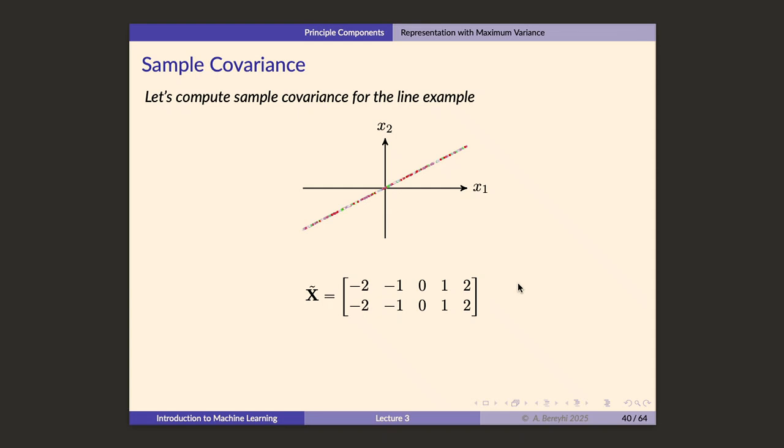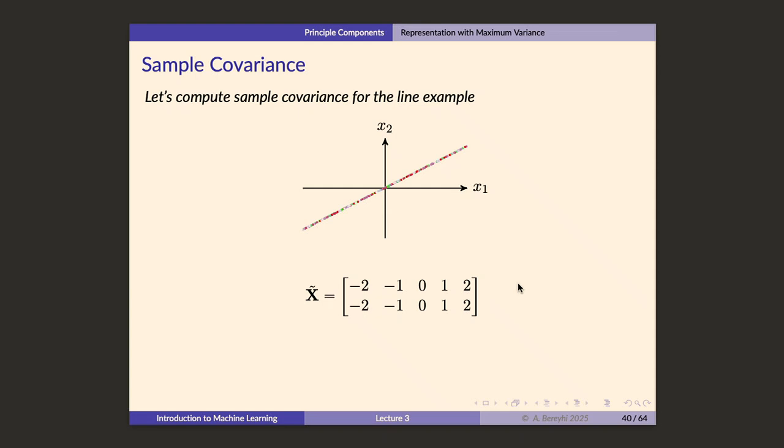So can you compute the first term for me? This one multiplied with itself, it's 10. I did the computation. It's 10, okay? What about this one? This is going to be this one multiplied with this one. It's again 10. This is 10, this is 10, okay? Everybody's clear? You got the idea how I computed the sample covariance?